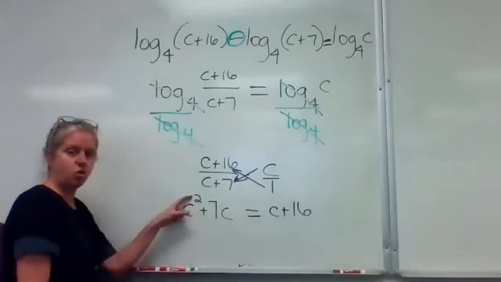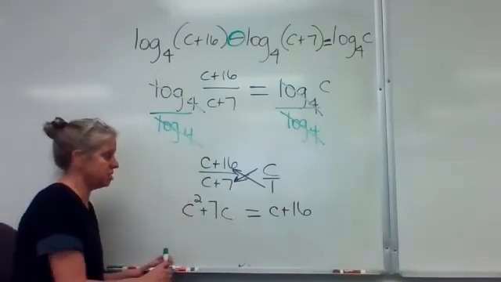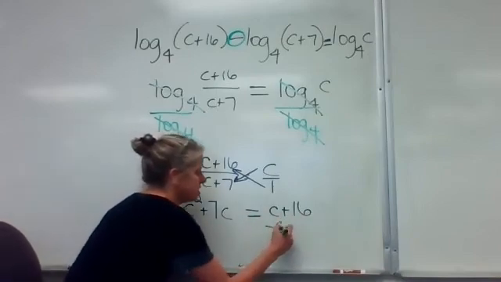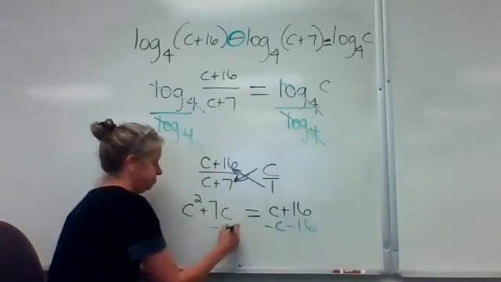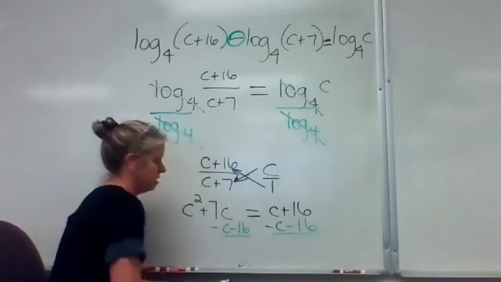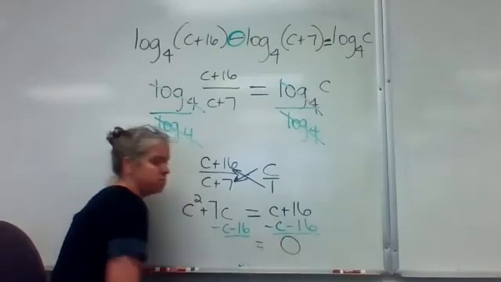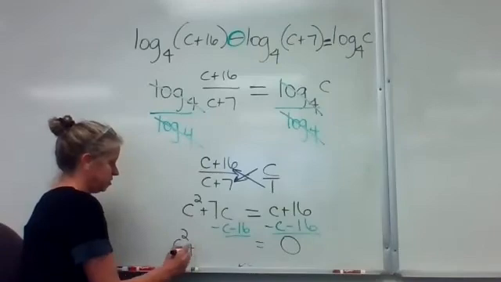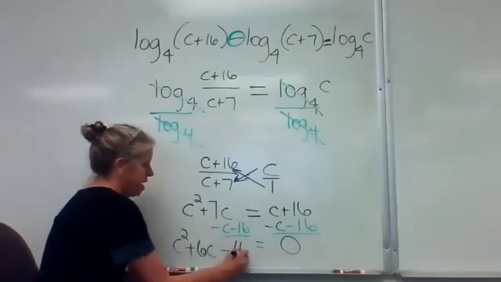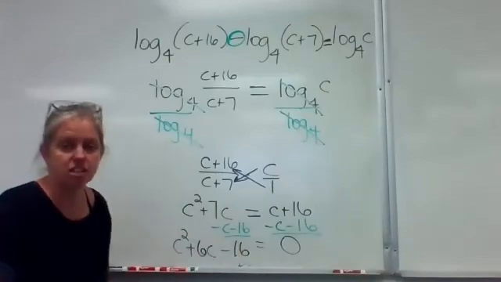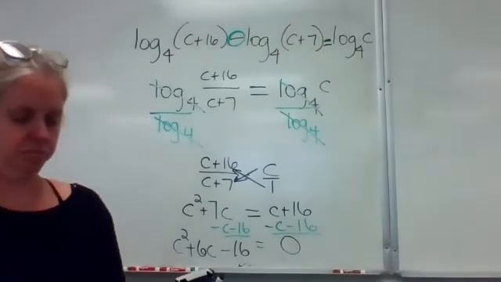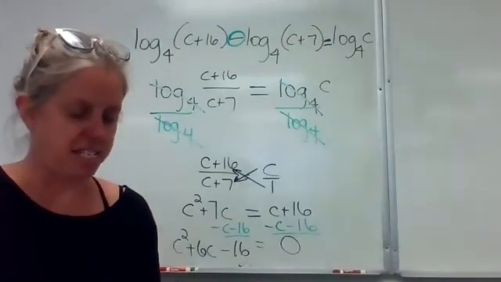Now, once again, it's quad. So since it's quad, I'm going to bring these terms over here. So minus c minus 16. So here I've got 0 equals c squared plus, I put these c's together, so plus 6c minus 16. You can take that to quad.